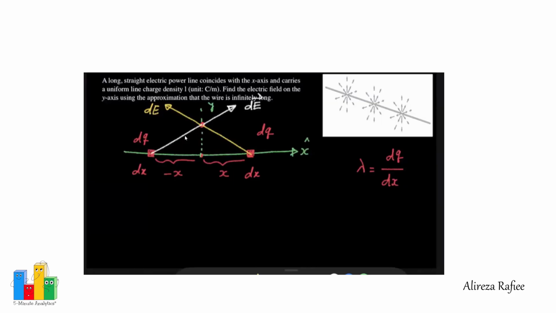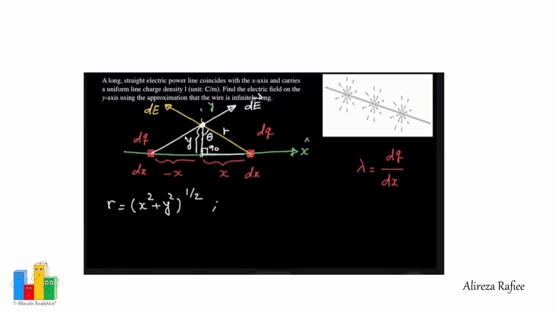Now you can go ahead and break this into components. First of all, let me say that I want to know how much the electric field is at this point, which is located at some distance y. This triangle is a right triangle. This is 90 degrees. If I know what this theta is, then I can also know what this r is, the distance between dq and the point of interest. So r would be equal to, in this scenario, (x² + y²) to the power of half.